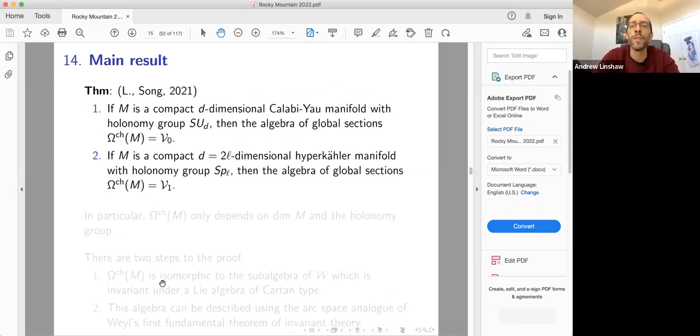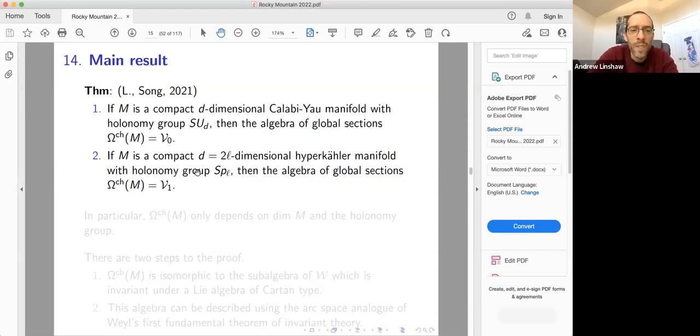Okay, so the main result is the exhaustiveness, that those algebras are actually the full global section algebras. Well, the statement is that if M is a compact D-dimensional Calabi-Yau manifold with holonomy group SU(D), then the full global section algebra is this V0, this Odaki algebra. In particular, it's a simple algebra.